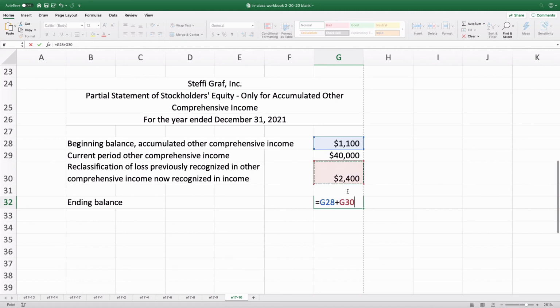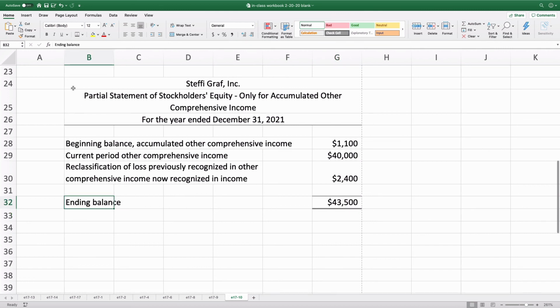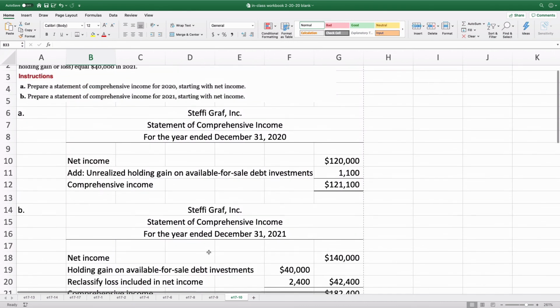Plus this number, 43,500 ending balance, and that is ending balance of accumulated other comprehensive income. And there you have the solution.